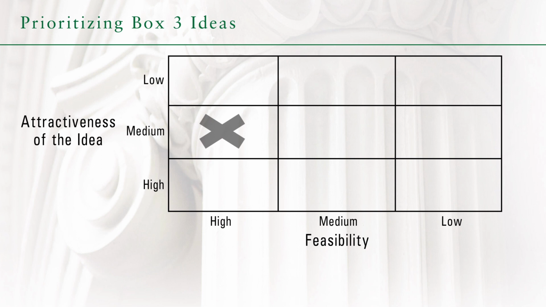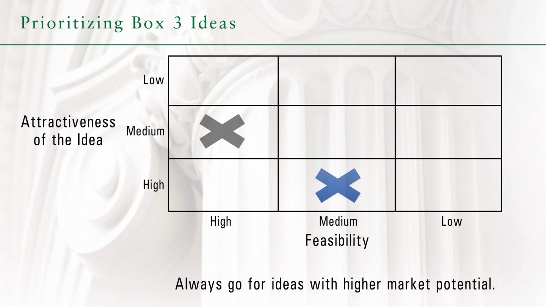There is another idea where the market attractiveness is very high, but your ability to capture this is medium. So there you have to use judgment to see which idea you want to pick. My recommendation to you would be, if you have to make a judgment, always go for ideas with higher market potential.